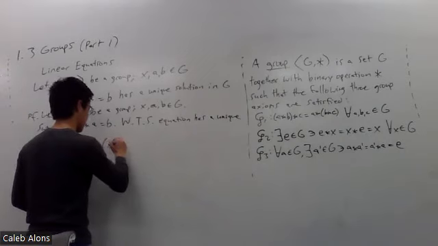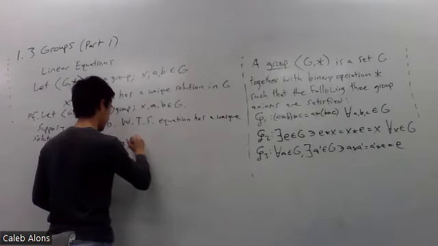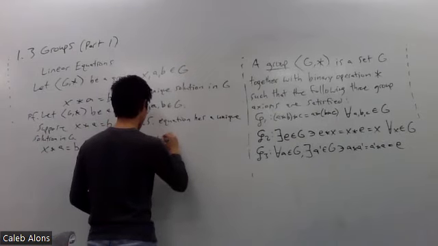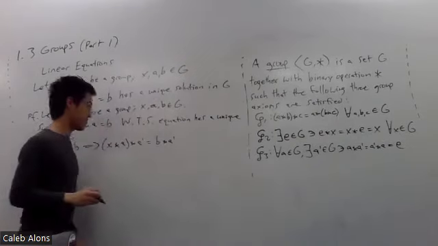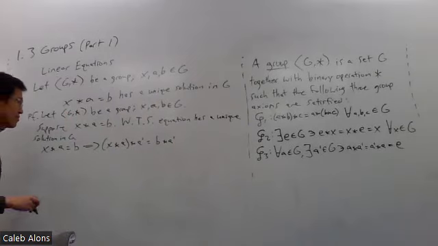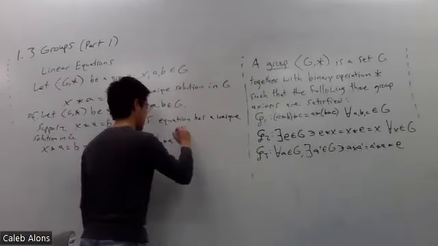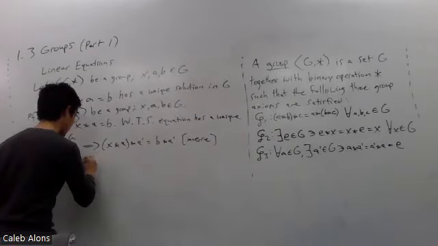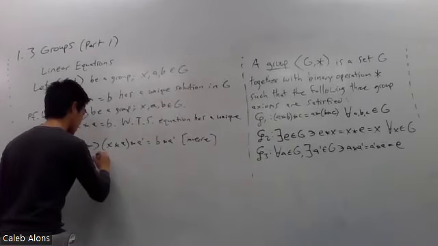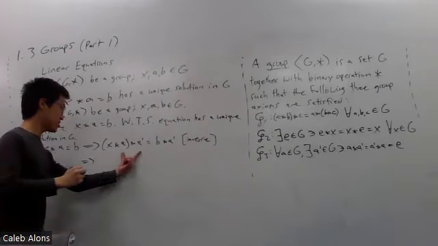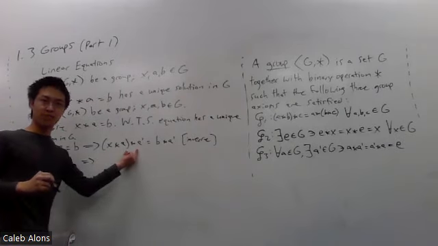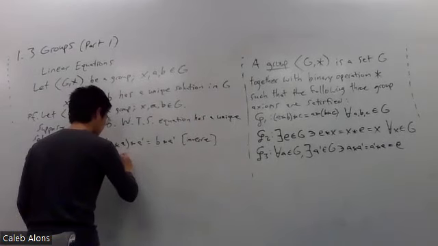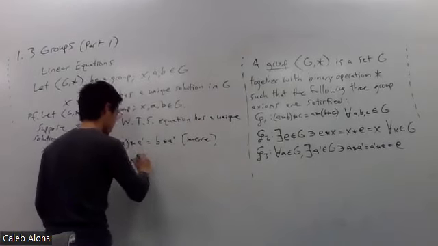So x star a prime, the inverse, will be the same as b star a prime. So that is existence of an inverse. And then the associative property lets us actually perform the cancellation, right? So associativity guarantees that I can do it in this order.